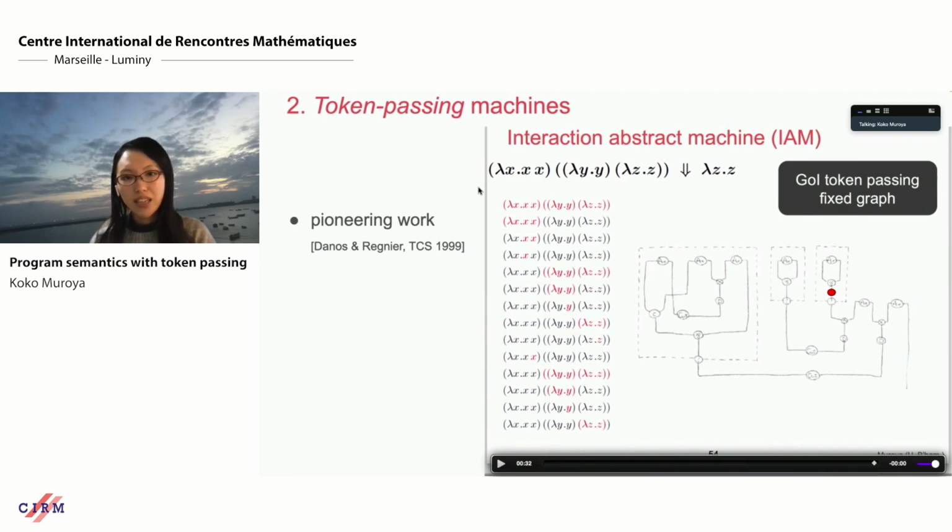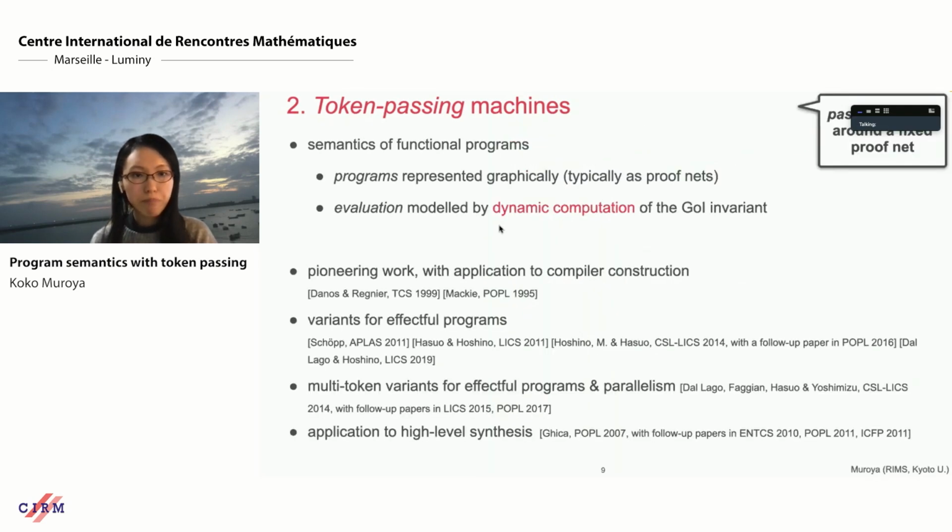So evaluation of a lambda term becomes a token, a special object, running around a proof net. It was pioneered by these guys. And there are many variants for functional programs with computational effects, such as indeterminism, global state, probability, and even quantum effects.